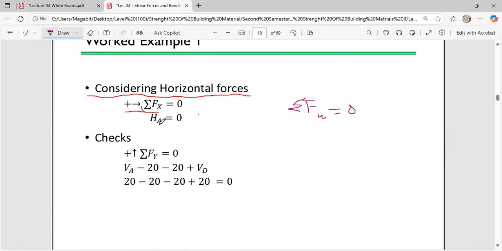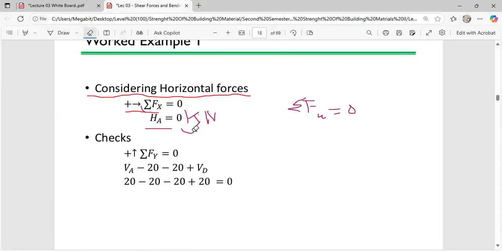So if that is the case, then HA is also 0 kilonewton. It is a force, so please don't forget to add a unit. 0 kilonewton.